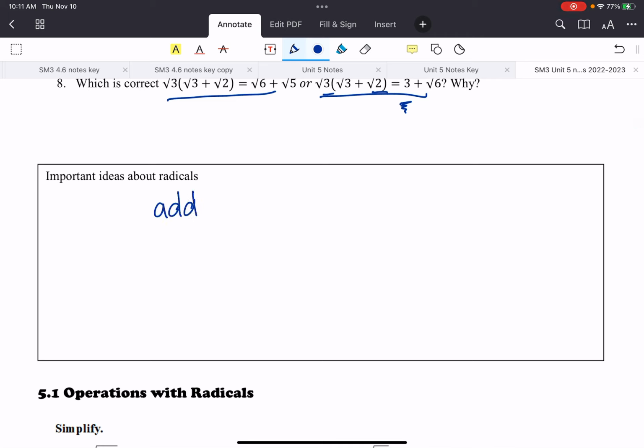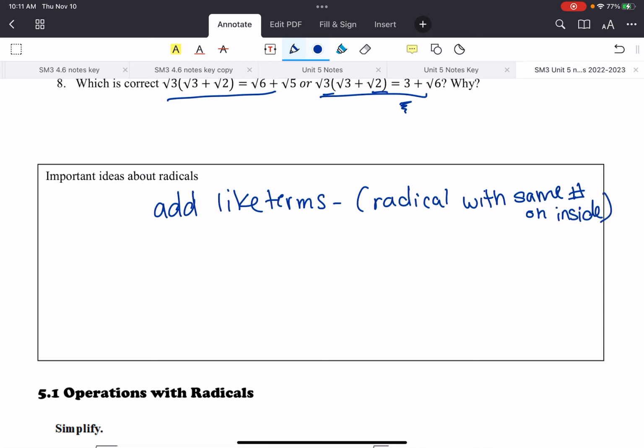So we can add like terms, radicals with the same number on the inside.